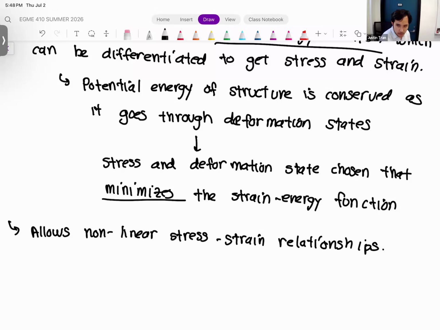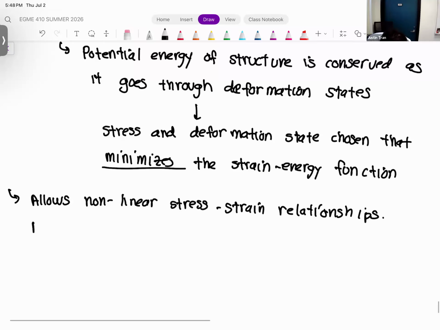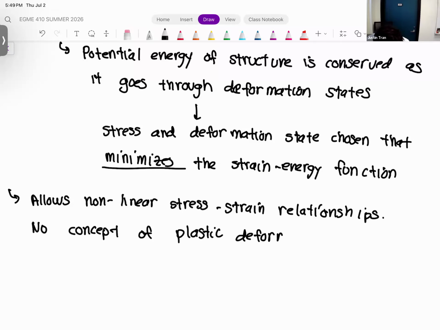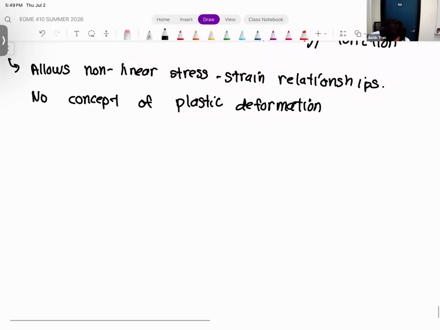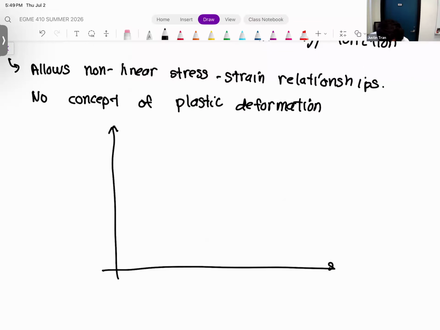It's literally a completely different framework for modeling stress strain within a material. If you were to draw it out, you may have a stress strain relationship that looks maybe something like this.